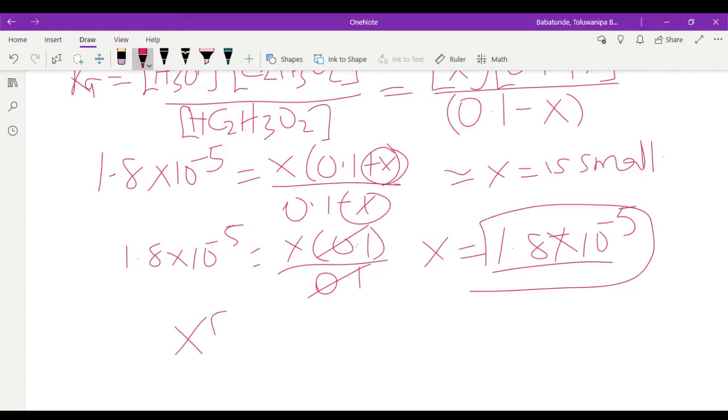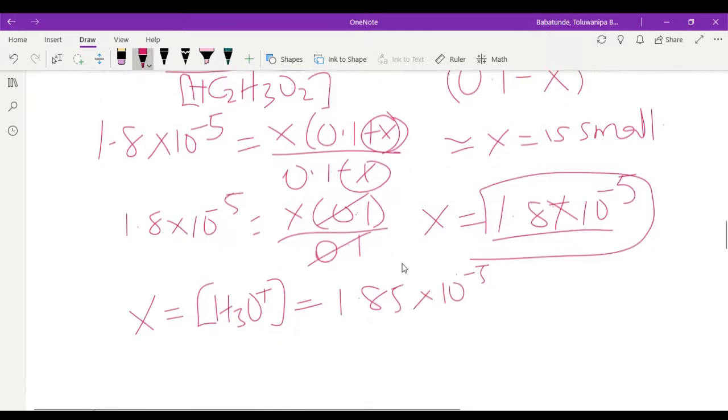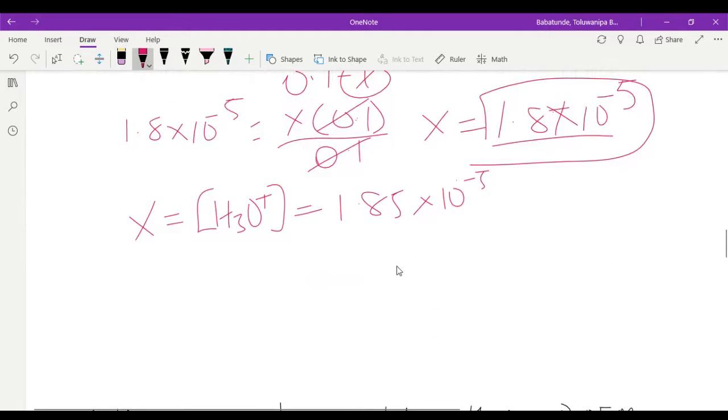And of course, our x is the hydrogen ion concentration, which is going to be 1.8 times 10 to the negative 5. And we can always find the pH of this.